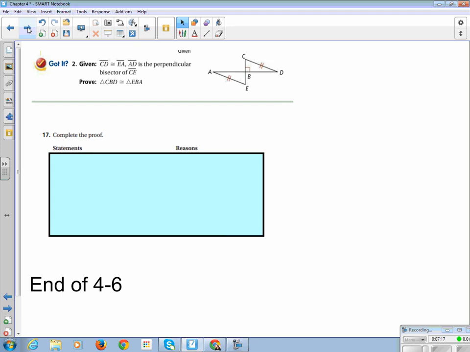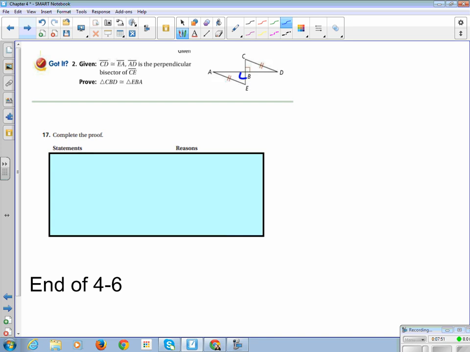All right, so let's look at this scenario. We're given that CD is congruent to EA, and that AD is the perpendicular bisector of CE. Now, we already have it marked that CD and EA are congruent. What does a perpendicular bisector tell us? Not only do we get a 90-degree angle, but what else? Perpendicular is a 90 degree angle.